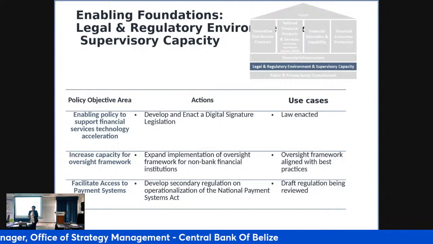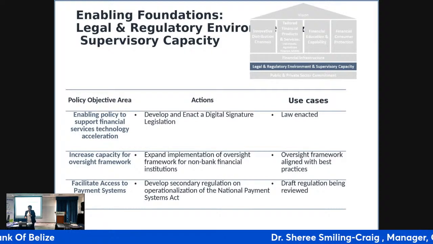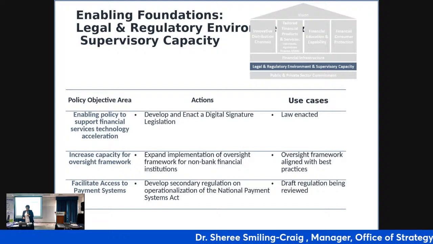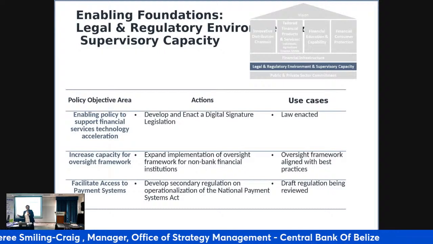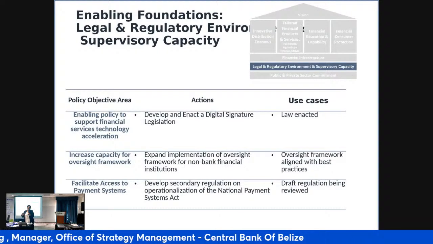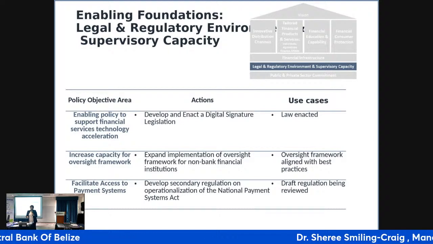And we're right now in the process of having secondary legislation developed for operationalizing our National Payment System Act. And that will speak to things like using agents and outsourcing arrangements and those factors that could promote moving financial services to the rural communities.